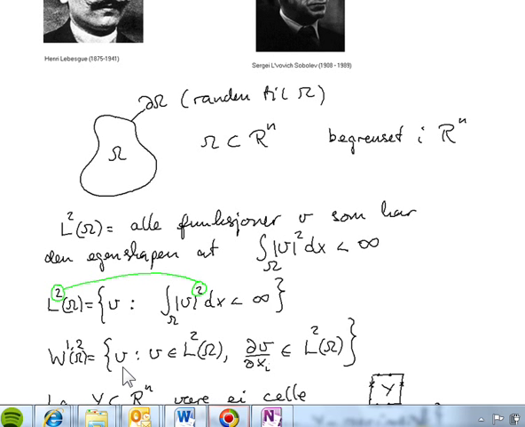It's the set of all functions v with the property that v belongs to L2 of omega, and all first order partial derivatives of v belong to L2 of omega. So this symbol 1 means that the first derivatives belong to L2.